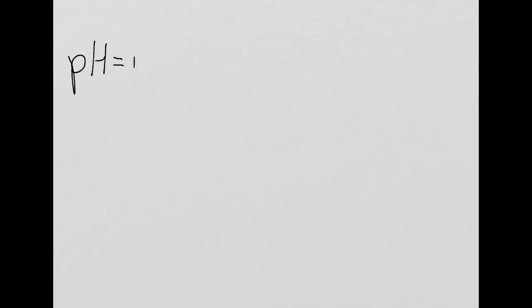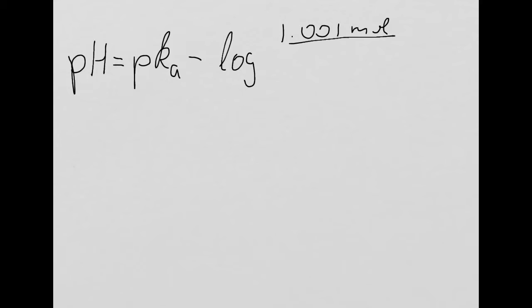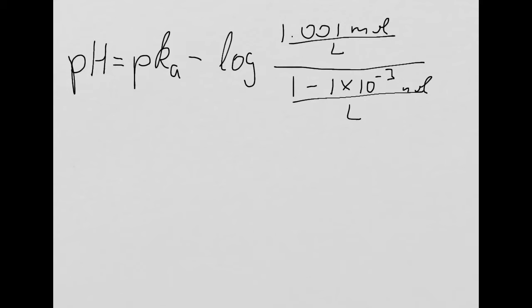Let me write this nice again. pH equals pKa minus log. For the acid, we said we have 1.001 mole per liter. And for the base, we have 1 minus 1 times 10 to the minus 3 mole per liter. Okay, now let's do the calculation.